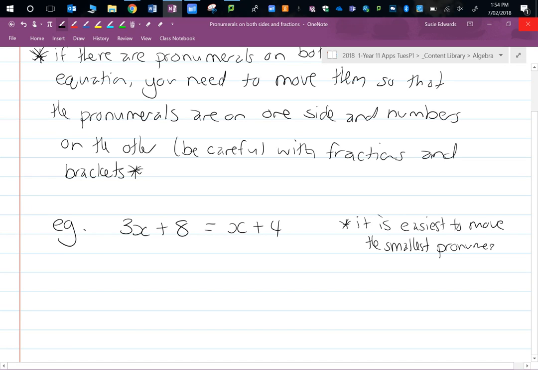What that will do is it will keep your equation in the positive numbers where possible, rather than going into negative pronumerals, which get a bit confusing. However, whichever one you move, it doesn't matter. As long as you've got pronumerals on one side and numbers on the other, you should be fine. It just makes it easier for you. I'm going to try that in for you.